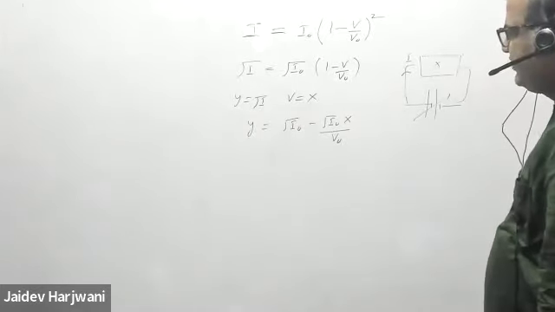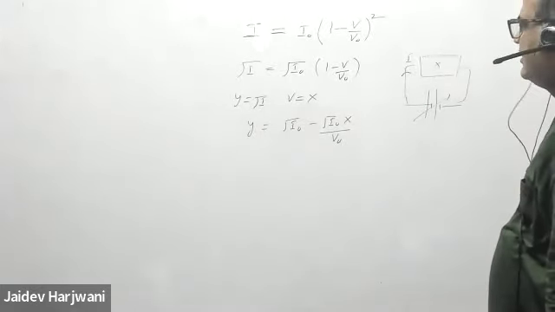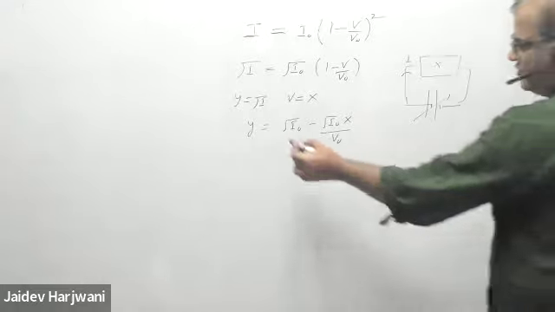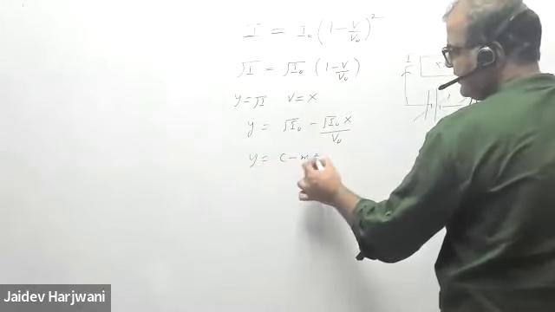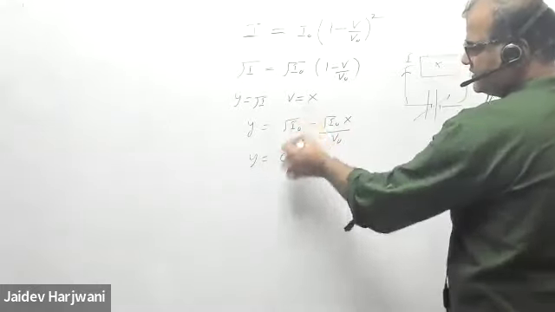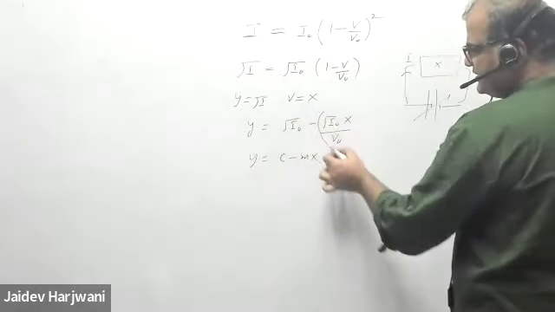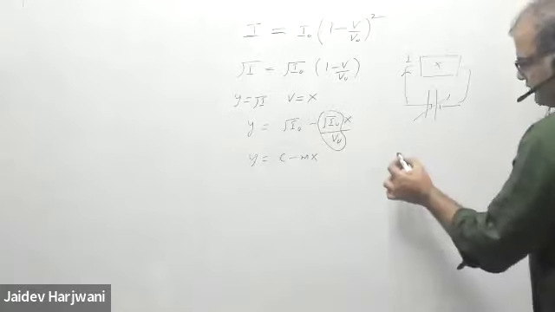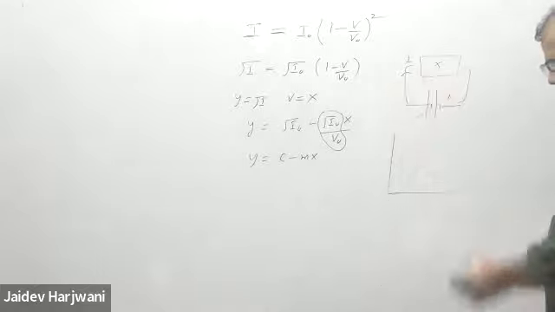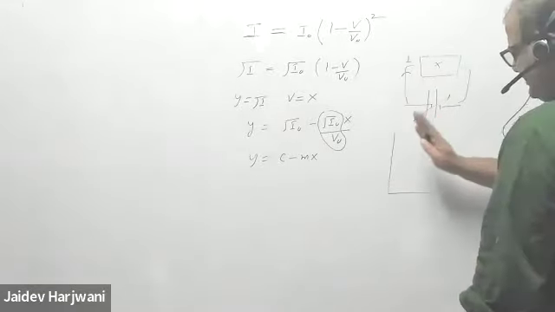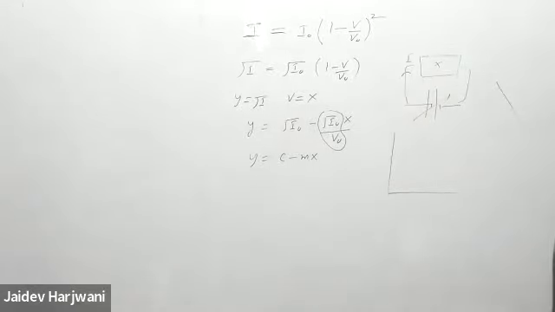So this is the equation of a line, y equals c minus mx, where c is a constant and the coefficient of x is the slope. It will be a falling slope, like this.